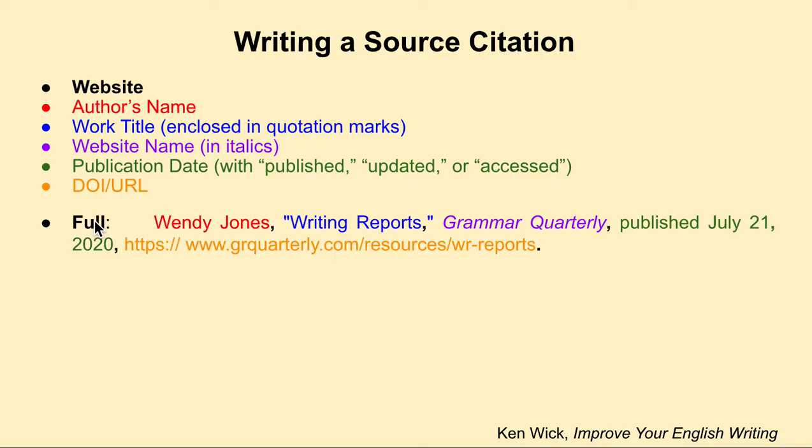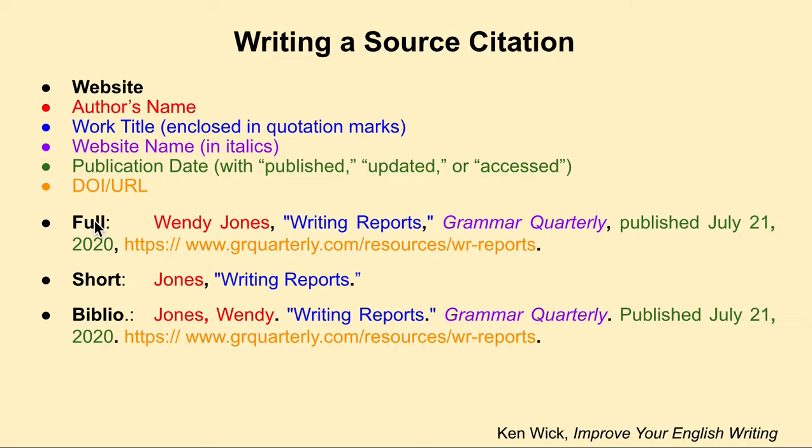So let's look at the full, the short, and the bibliography. Once again, these are all color-coded, so you can go through them. Basically you have the author's name. Remember, in a full citation, all the elements are separated with commas. So the author's name, the work title enclosed in quotes, and the website in italics.